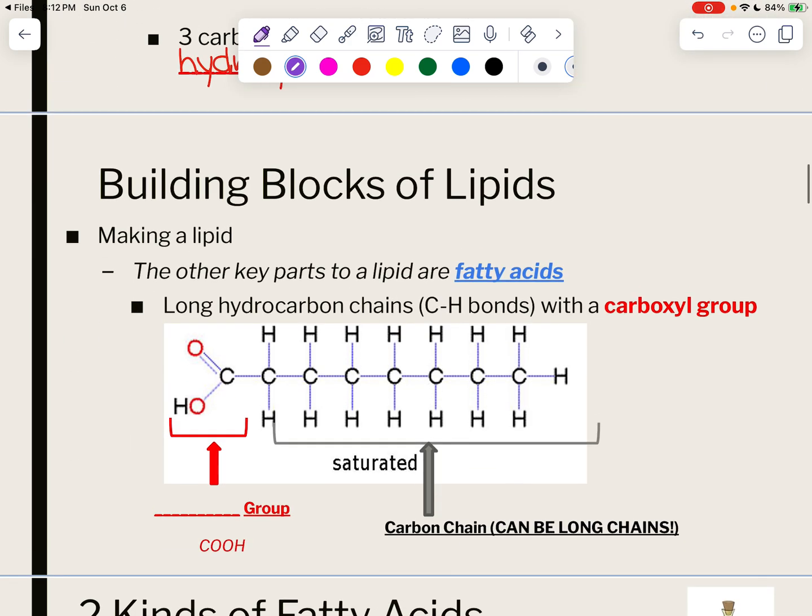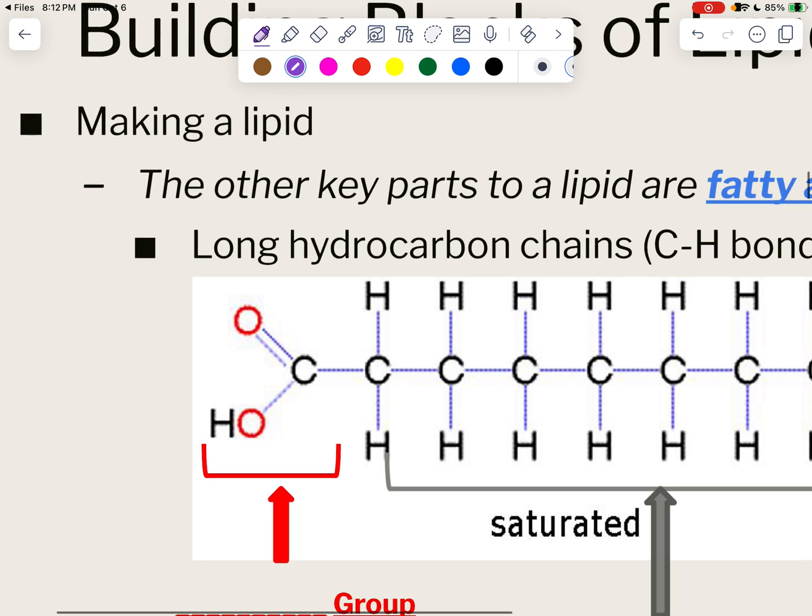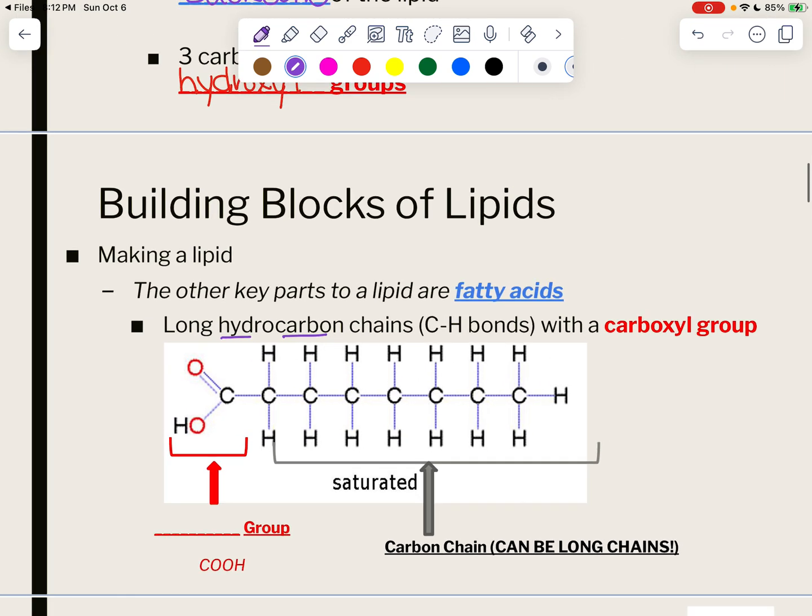Okay, so in order to make a lipid, we need the glycerol and we also need the fatty acids. Fatty acids are long hydrocarbon chains, so hydrogen and carbons together, and they bond with a carboxylic group.